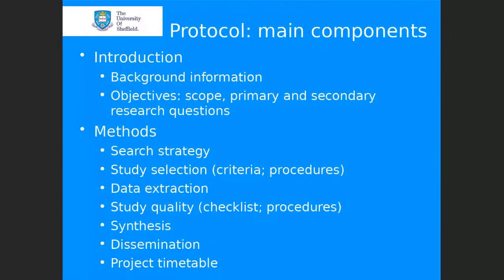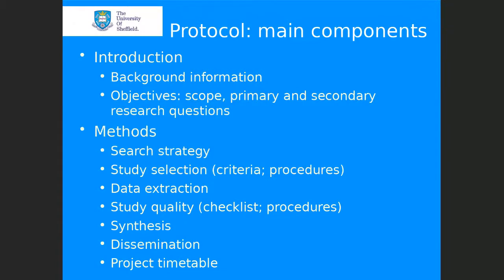The main components for a qualitative synthesis protocol are very similar to those for any review protocol. So the introduction will include both the background information and the objectives, giving an indication of the scope and the primary and secondary research questions.